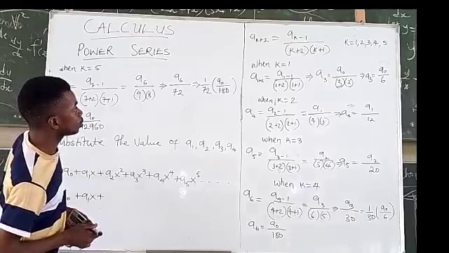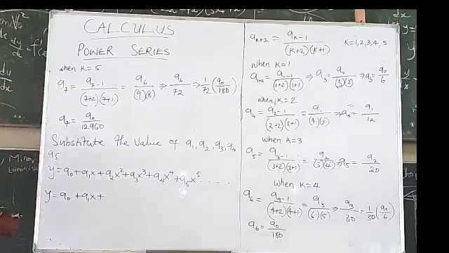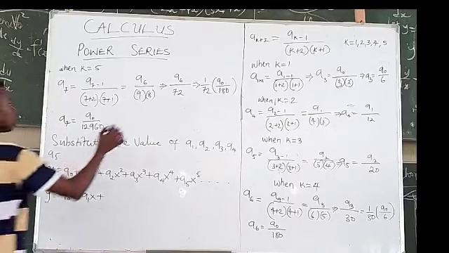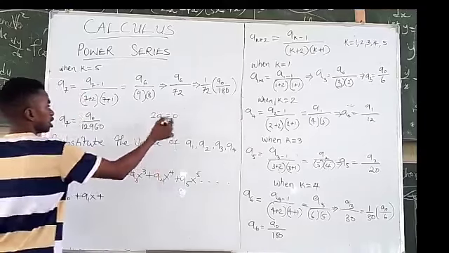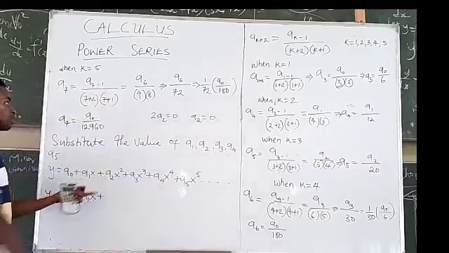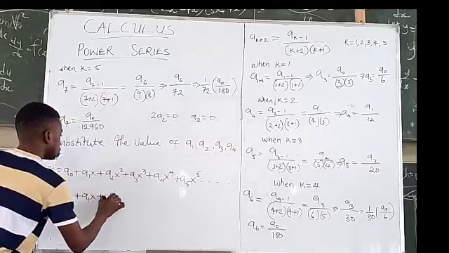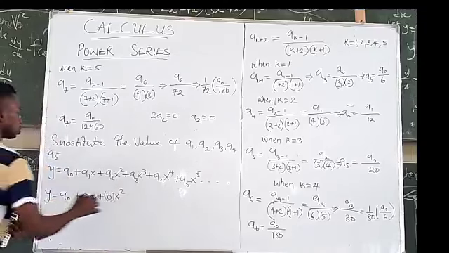Let's remember our A2 was equal to 0. Let's remember where we got 2A2 equal to 0 when we equated. Then our A2 was now 0. So we substitute the value of A2, which is 0, times our x to power 2.